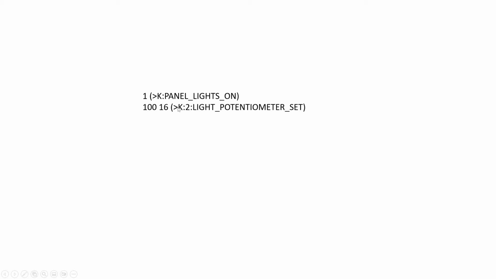This says I'm sending it to the key event, but I'm sending you two values. If you don't put that in, it won't work. The first value is your percentage, and the second one is which circuit to apply that to. Okay, so we're sending 100% to number 16, and it just does the rest.